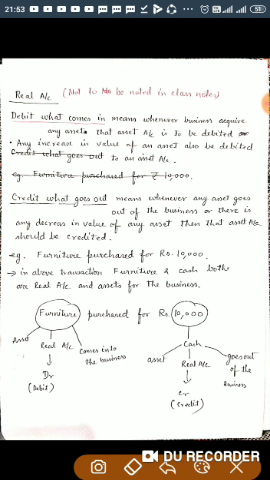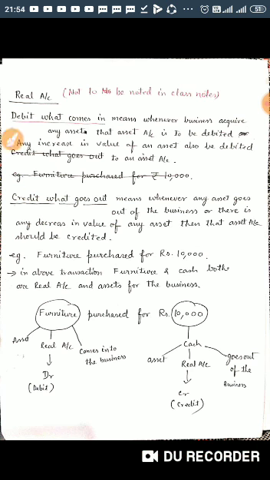For example, if you have purchased furniture, earlier there was no furniture, now furniture is coming into the business, so furniture account should be debited. Credit what goes out means whenever any asset goes out of the business, or there is any decrease in value of any asset, that asset account should be credited.